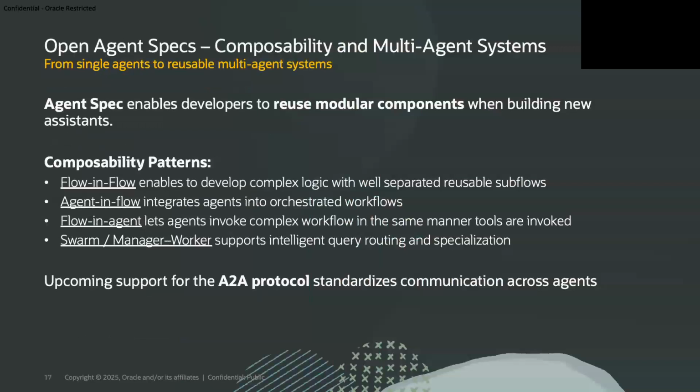All right, we also support in Agent Spec multiple functionalities for composability and also to be able to build a multi-agent system, because we really want to make it so that some components are developed and then they can be reused as easily as possible. For example, we have the concept of a flow in a flow.